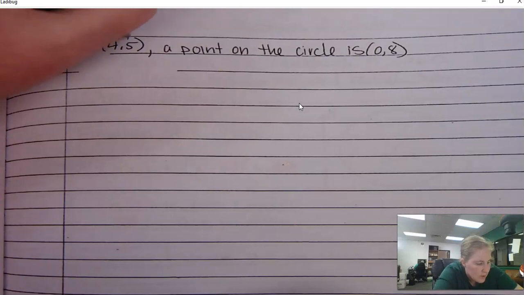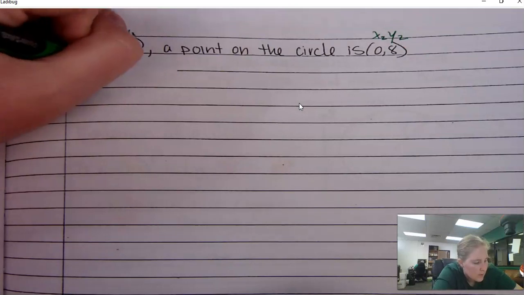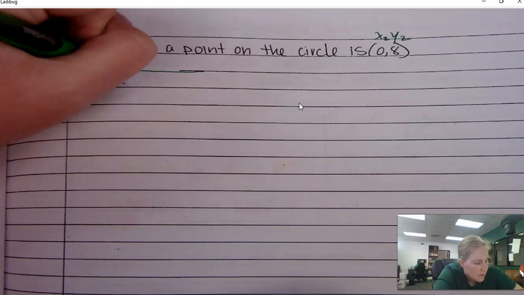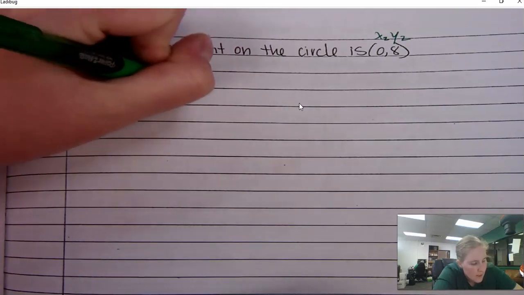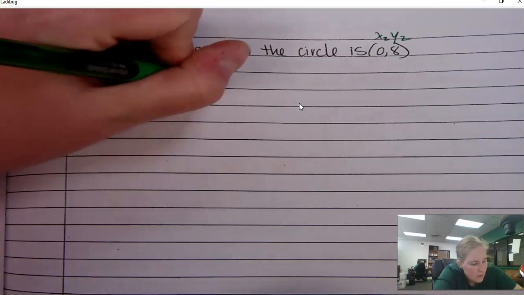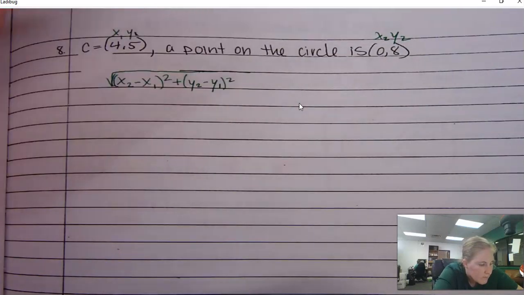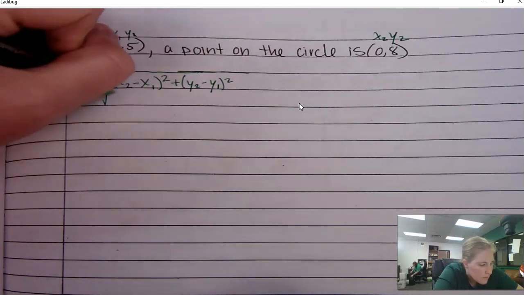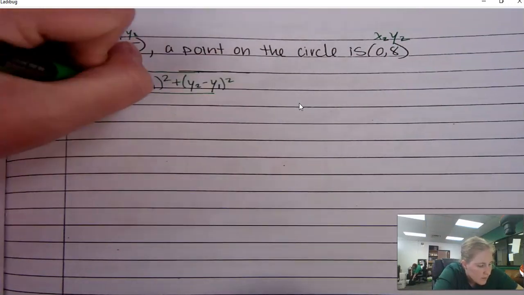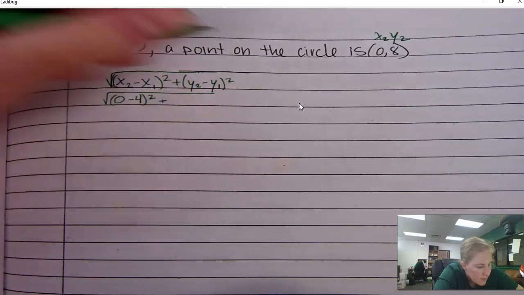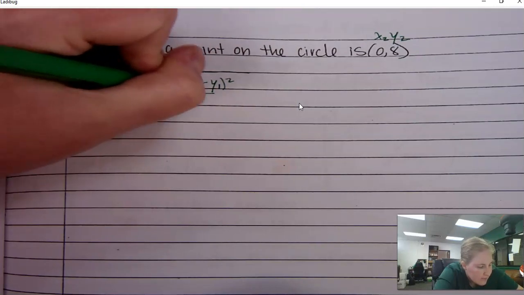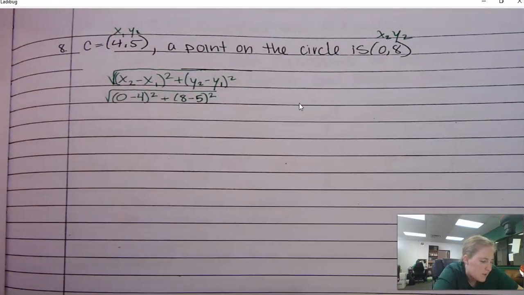So this is going to be our x1, y1, and our x2, y2. We'll use distance formula. Square root of parentheses x2 minus x1 squared plus y2 minus y1 squared. So 8 minus 4 squared plus 0 minus 5 squared.